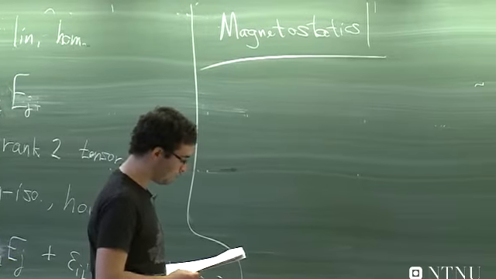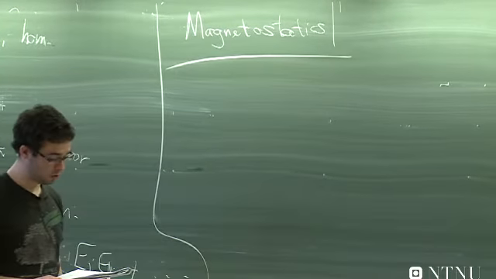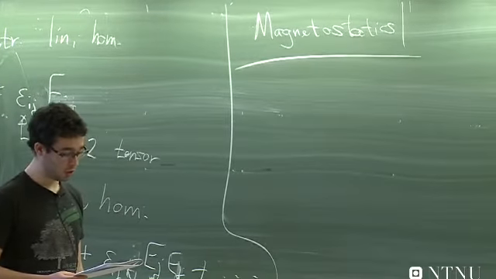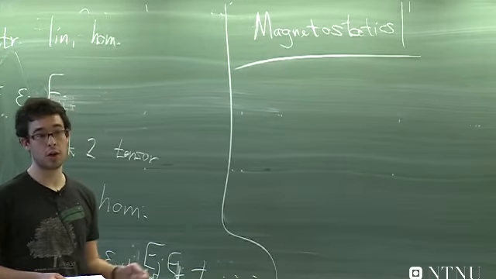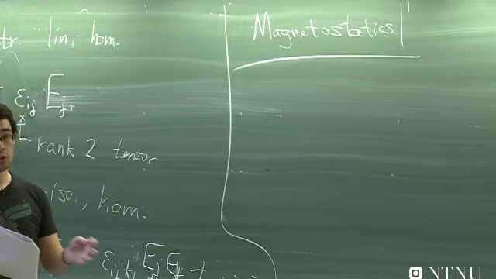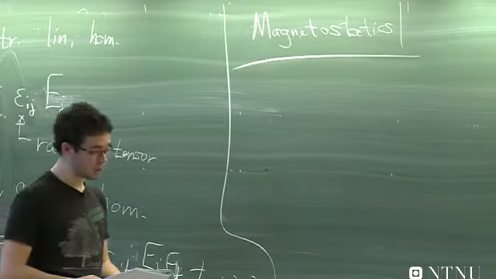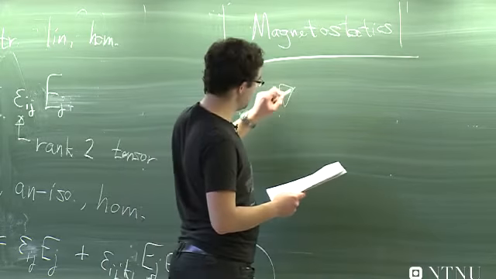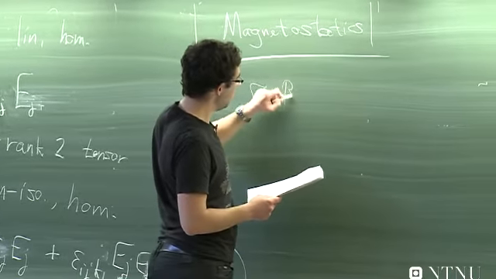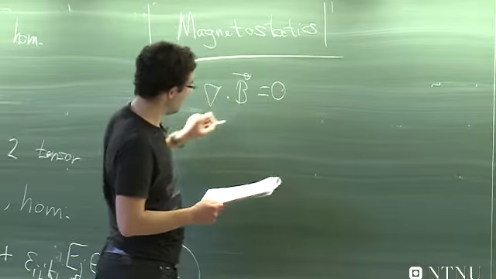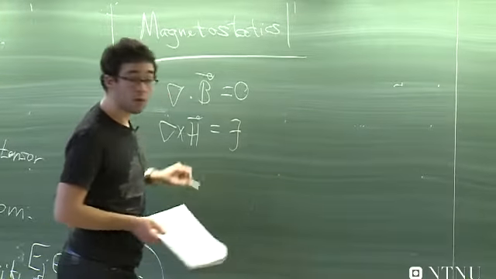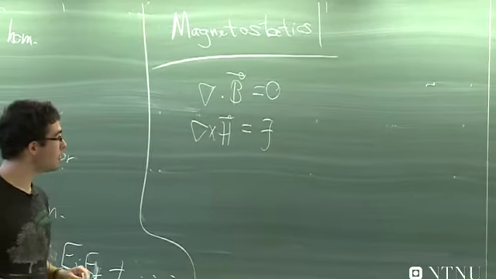And you have heard in previous courses about Ørsted and the Biot-Savart law, which gave rise to forces between conductors, so you know about that. We can also note that in this approximation, divergence of B is equal to 0 and curl of H is equal to J. Those are the two equations that matter.